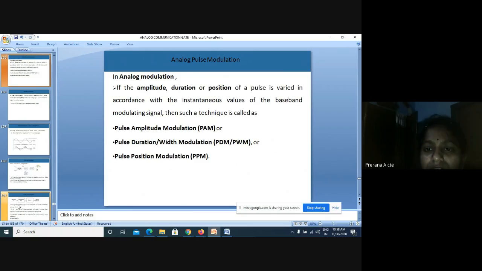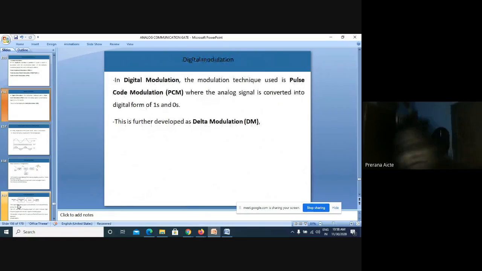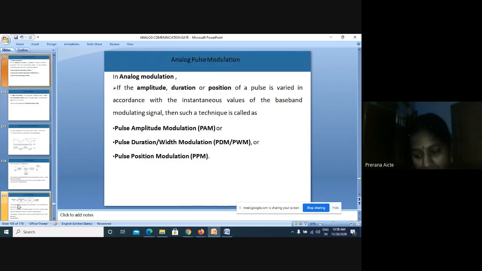In PWM, the width of the pulse will be varied, and in PPM, the position of the pulse will be varied in accordance with the message signal. To generate PAM, we use the sampling technique. We'll sample our signals, and then use a sample and hold circuit for demodulating the PAM signal.